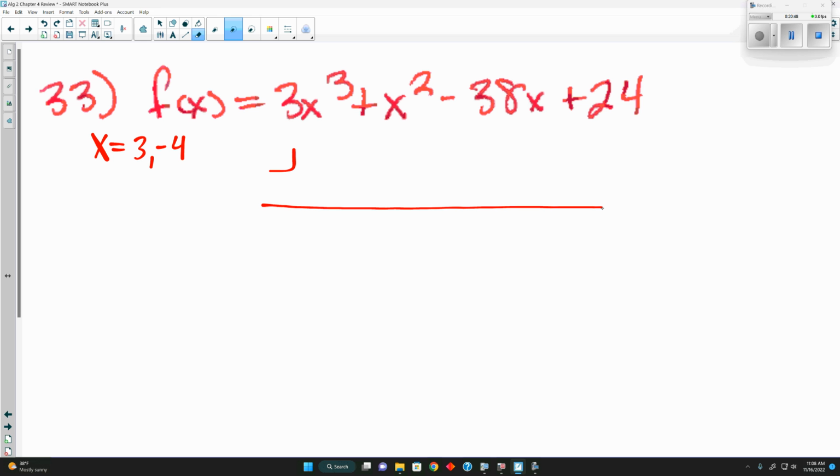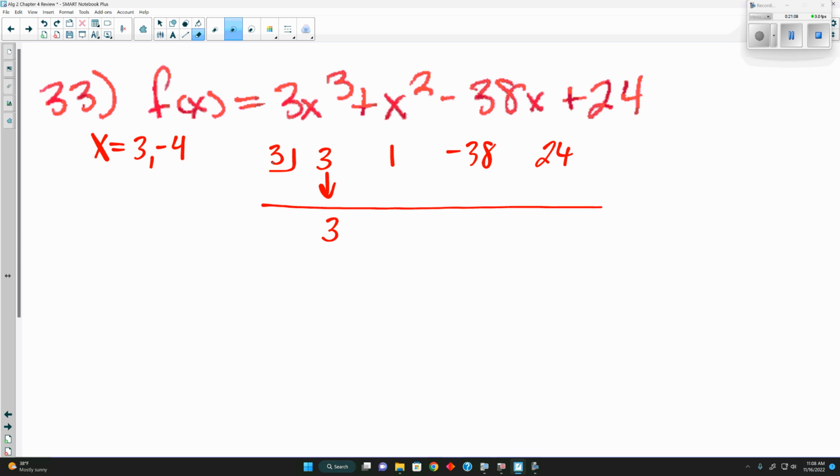Now looking across the top, we would have 3 for x to the third, 1 for x squared, -38 for x, and 24 for our constant term. Now we do need to pick between 3 and -4 which one we're going to use first. Doesn't matter which. So we could just start off with 3.